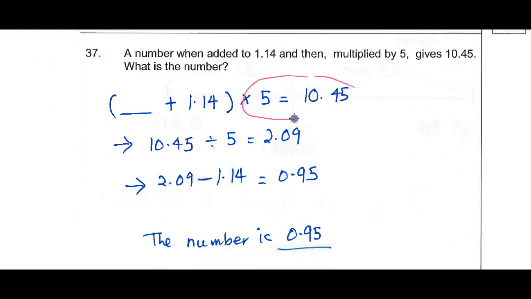I take 10.45 divided by 5 first. 10.45 divided by 5 gives me 2.09. So this whole thing is 2.09. Something plus 1.14 gives me 2.09. So all you have to do is take 2.09 minus 1.14. You should get your answer.